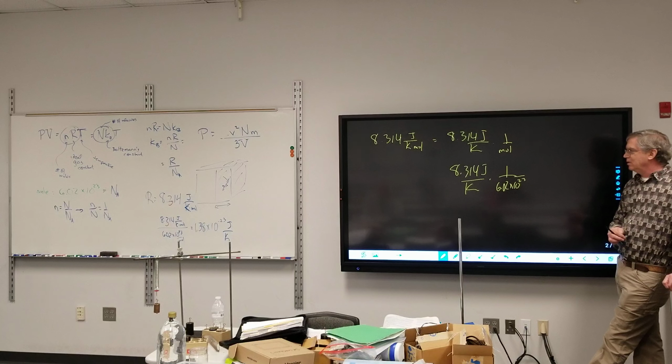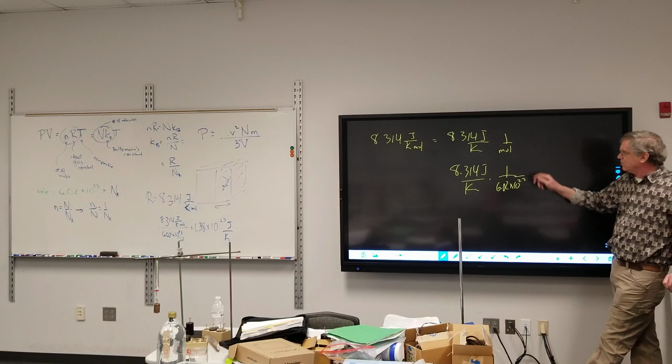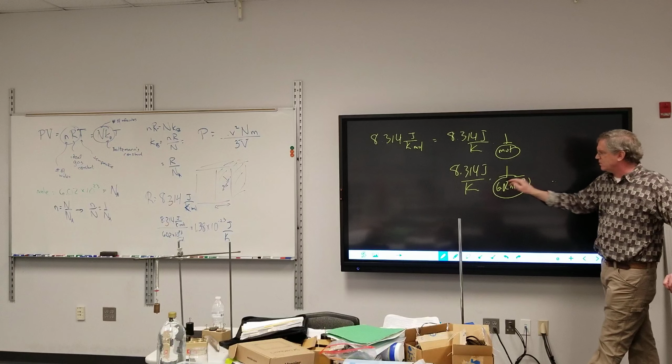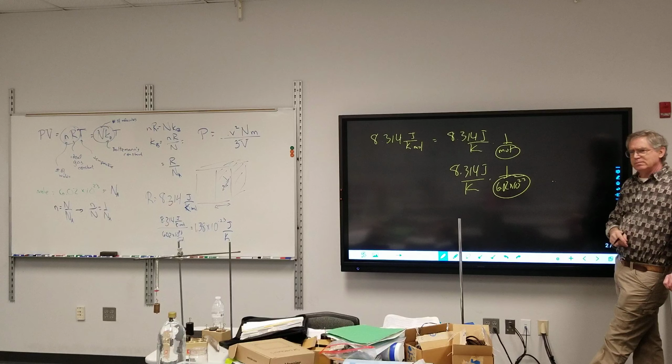Joules over K. Can you just get rid of the next formula and move 6.02 times 10 to the 23 onto the left side? Wait, say that again? Since a mole is just a number, all I did was substitute in that number. Yeah, that is legitimate.